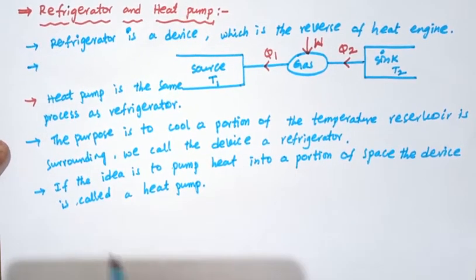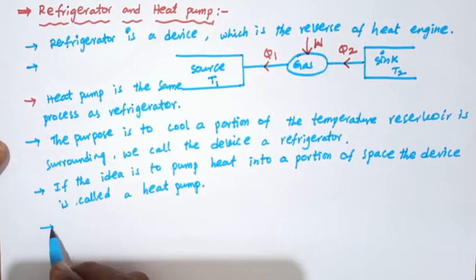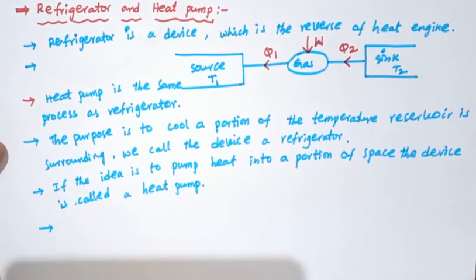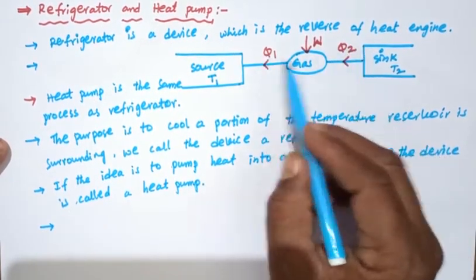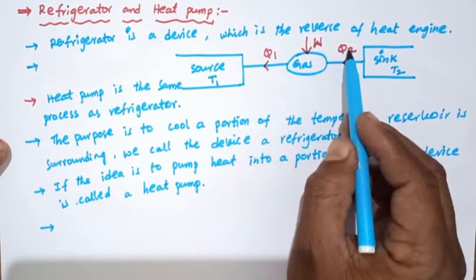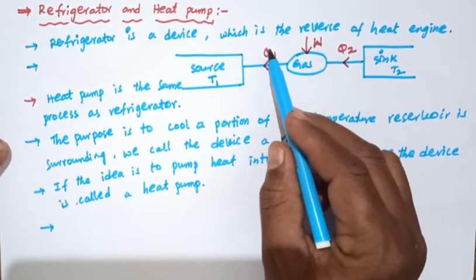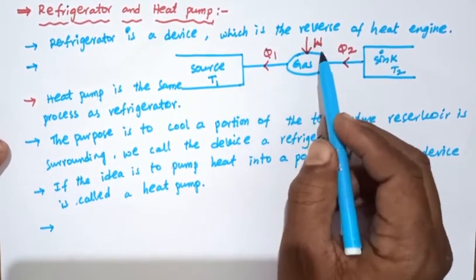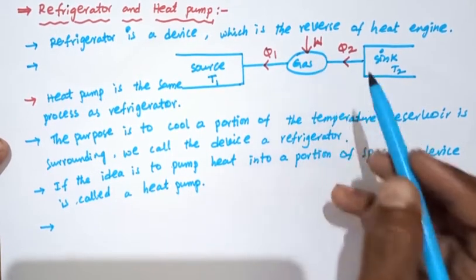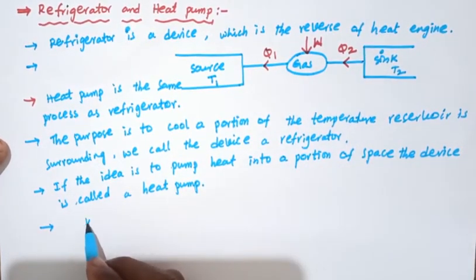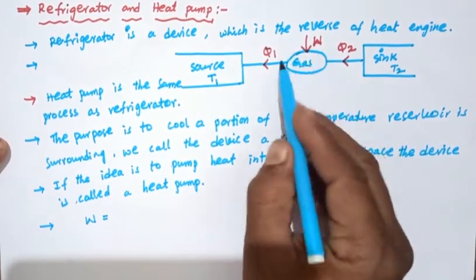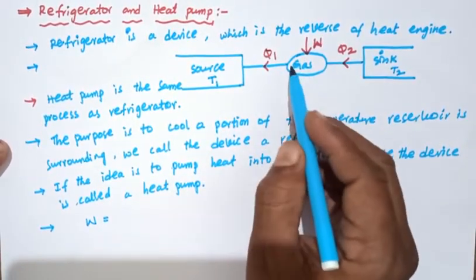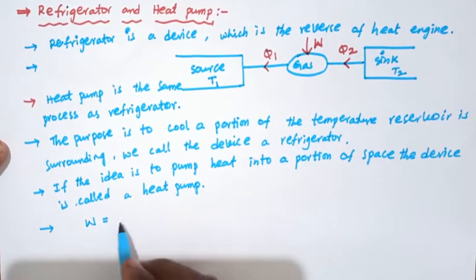Here the refrigerator or heat pump consists of this: certain heat is transferred from Q2 to Q1, and the work done is W. So the work done on the substance equals Q1 minus Q2.